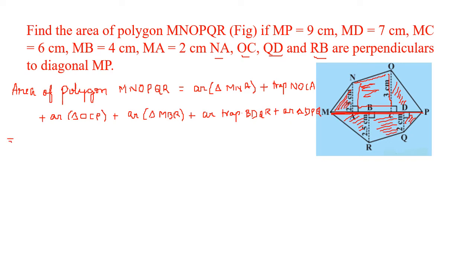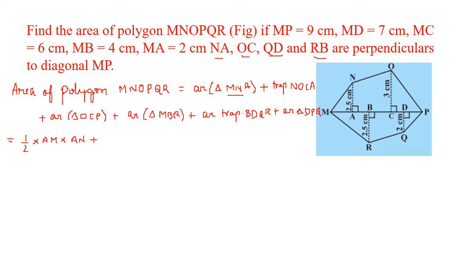Now I write down the formula. Area of triangle MAN, that is half base into altitude. So it is half into AM, the base, into AN, the altitude, plus the area of the trapezium NOCA.